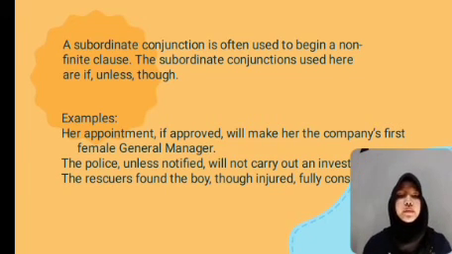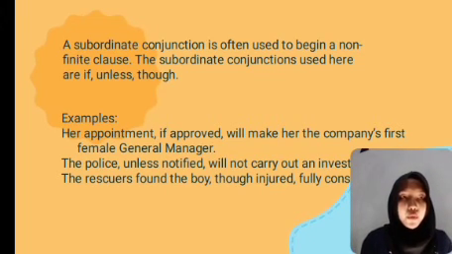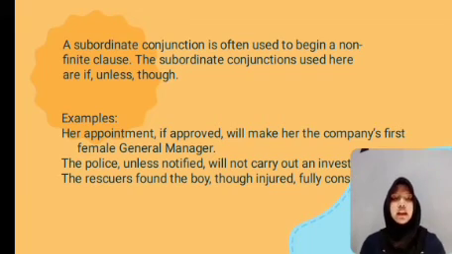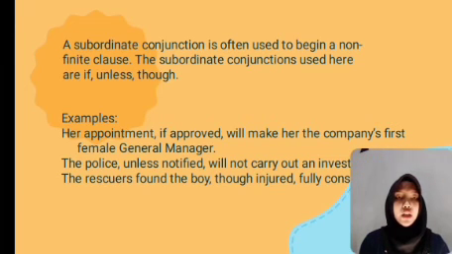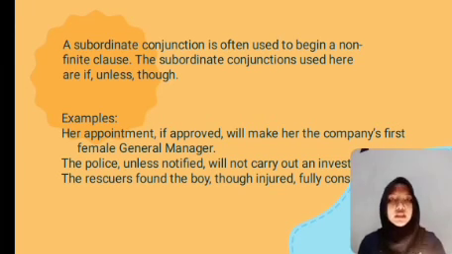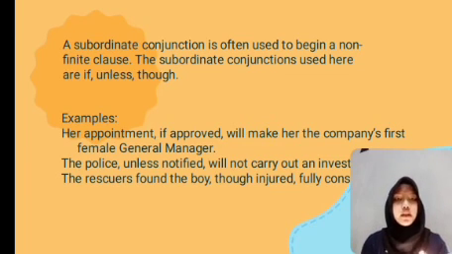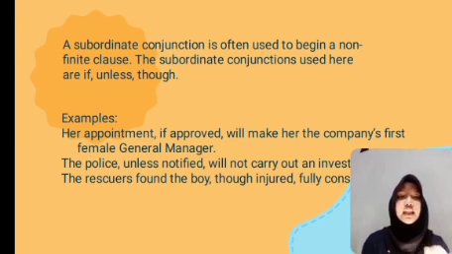For example: her appointment, if approved, will make her the company's first female general manager. If approved, and then approved is a non-finite clause. And then: the police, unless notified, and then notified is the verb. So a subordinate conjunction is a conjunction that is used to begin a non-finite clause.